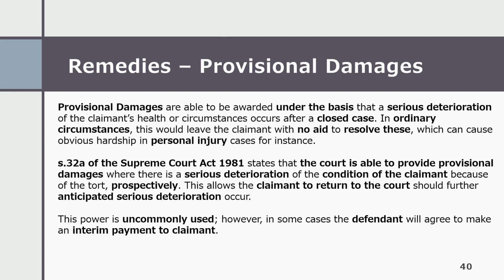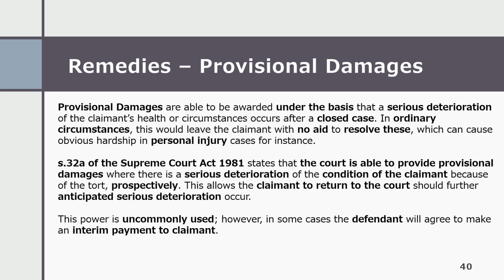Provisional damages are able to be awarded on the basis that a serious deterioration of the claimant's health or circumstances occurs after a closed case. In ordinary circumstances, this would leave the claimant with no aid to resolve these, which can cause obvious hardship in personal injury cases, for instance.